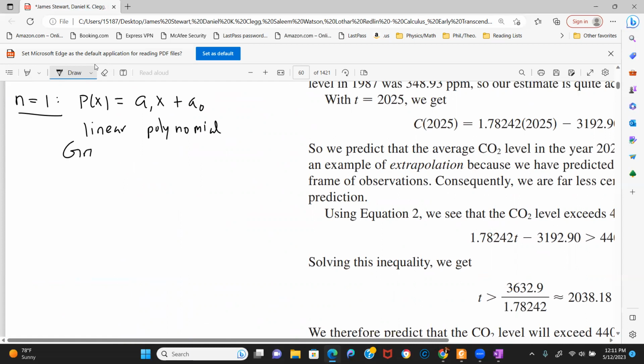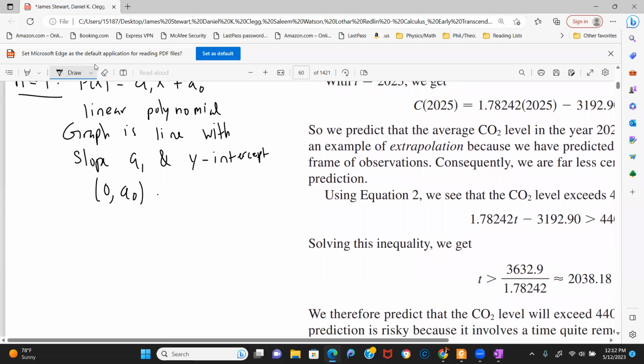The graph is just a line, a line with slope a_1 and y-intercept (0, a_0). So it's a linear polynomial.